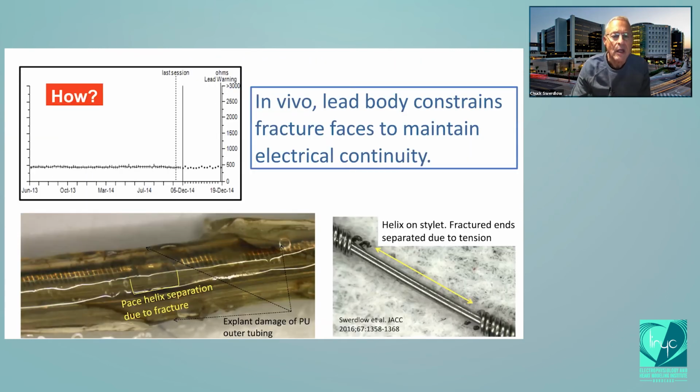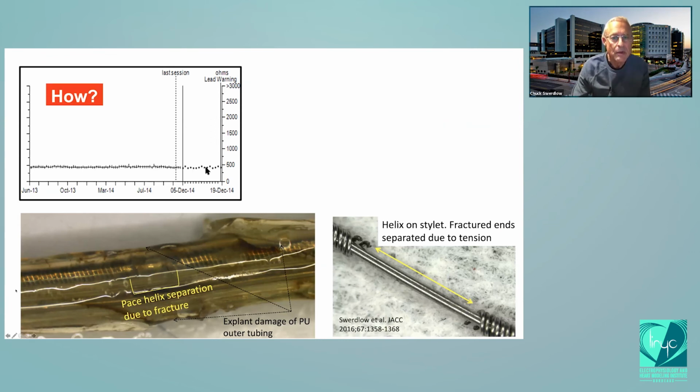So here, for example, is another lead that broke. And I asked the question, how can that be? This is one of my leads. And you can see if you take it apart, impedance is completely normal. You can see that the conductor is completely separated, the helix.